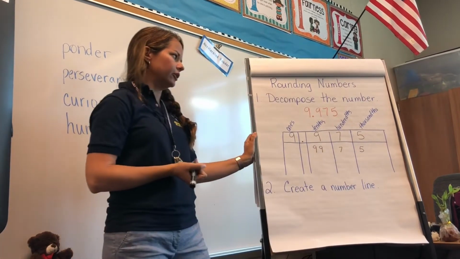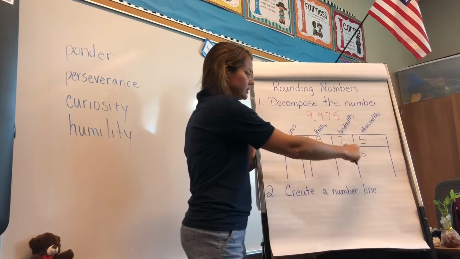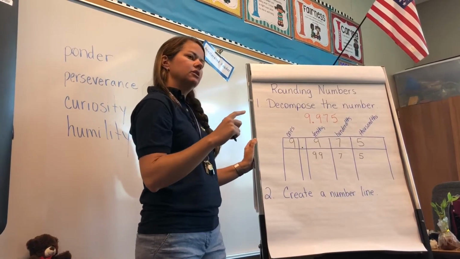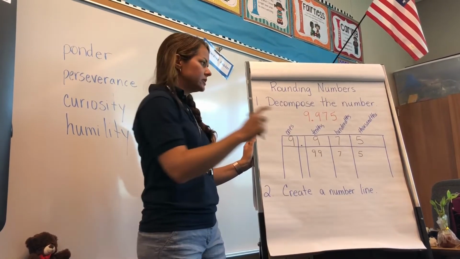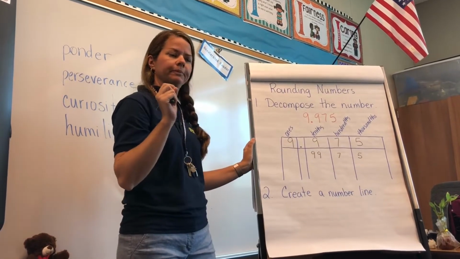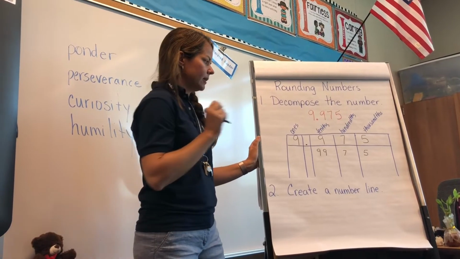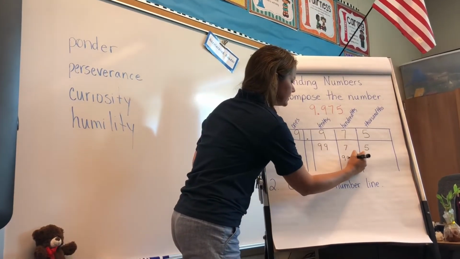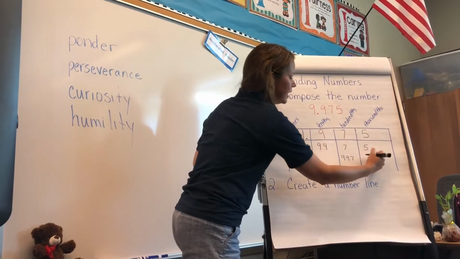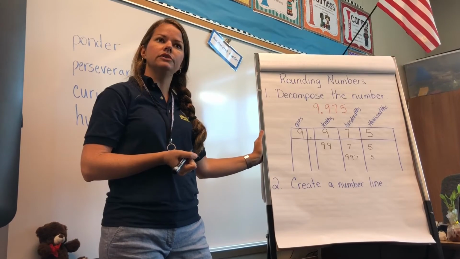Now let's decompose the 99 tenths, the 7 hundredths, and the 5 thousandths, and change it so that we have just hundredths and thousandths. What would that look like? 997. So I would have 997 hundredths and still the 5 thousandths. And how about if I decomposed it all to thousandths?